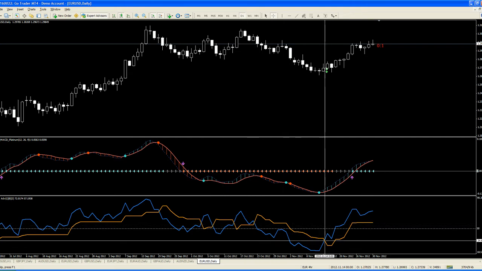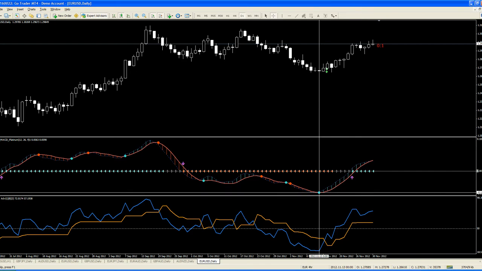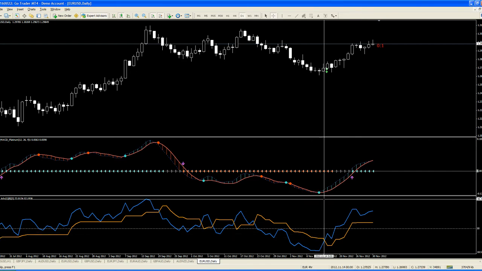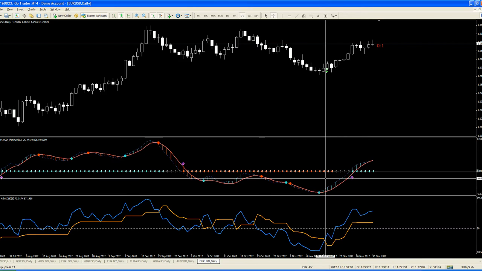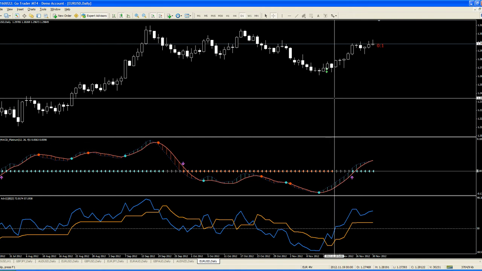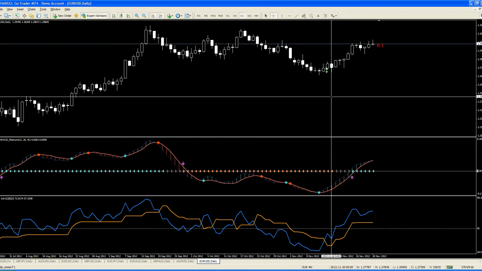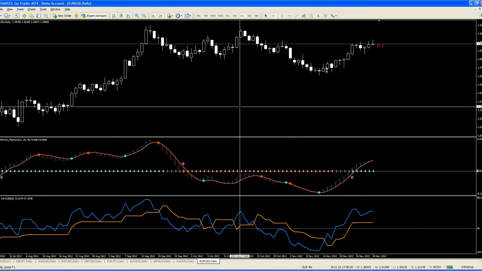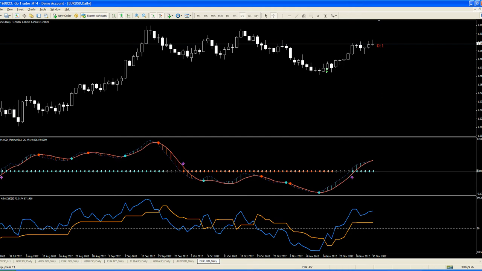So here the last one was a long signal, coinciding with the blue dot, and once we get these both in sync, that's a signal to go long. Once that cross happens, the EA will start going long on the close of that candle. So it has to be confirmed, and both of these indicators don't repaint at all. So that's your signals. I'll just pause for a sec.